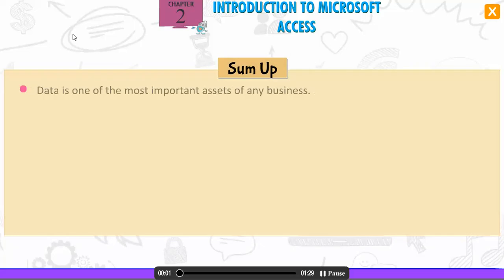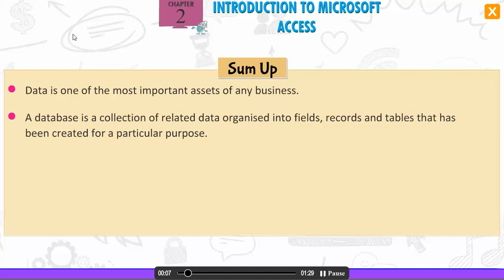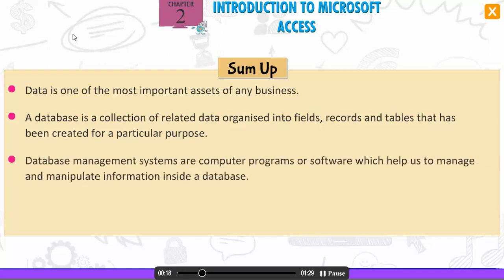To sum up. Data is one of the most important assets of any business. A database is a collection of related data organized into fields, records, and tables that has been created for a particular purpose. Database management systems are computer programs or software which help us to manage and manipulate information inside a database.